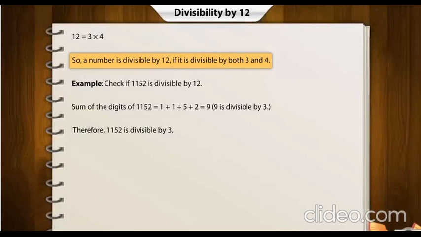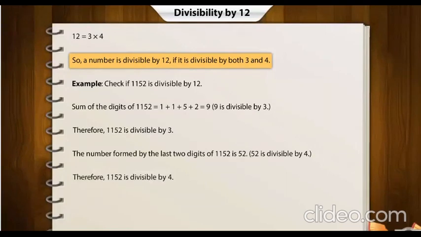Now, we'll check the number for divisibility by 4. The number formed by the last two digits of 1152 is 52, which is divisible by 4. So, the number 1152 is divisible by 4.